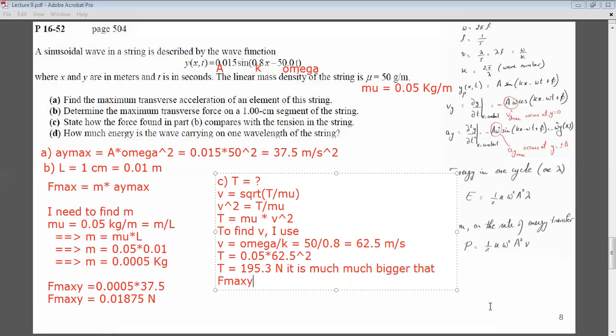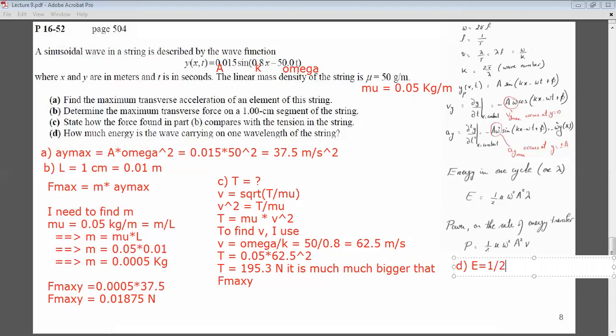Okay. Finally, part D, let's do it here. How much energy is the wave carrying? So we want the energy the wave is carrying on one wavelength of the string. So this is the energy.